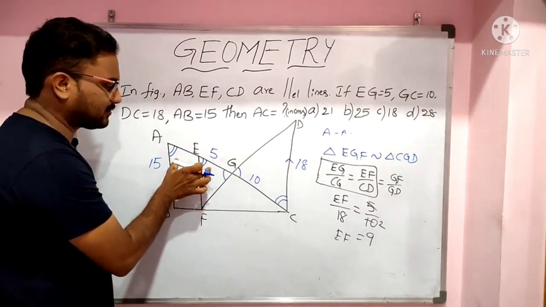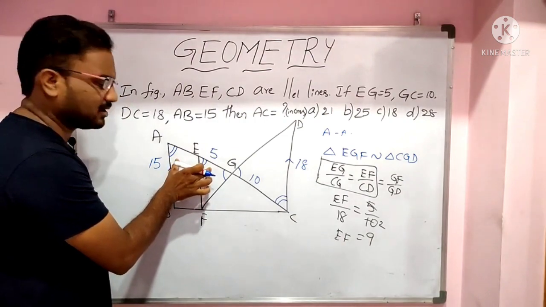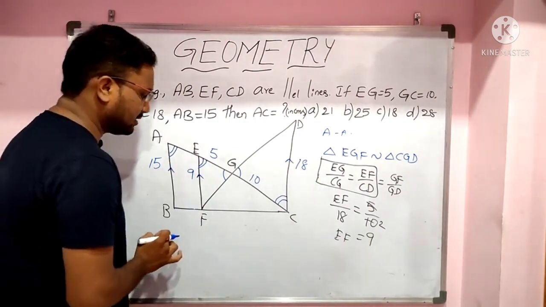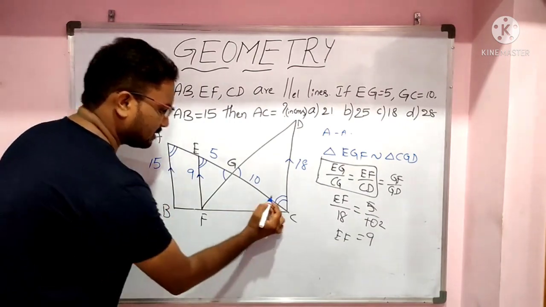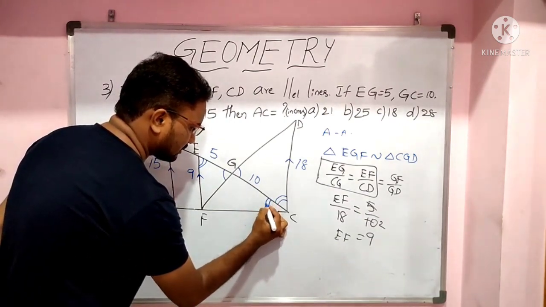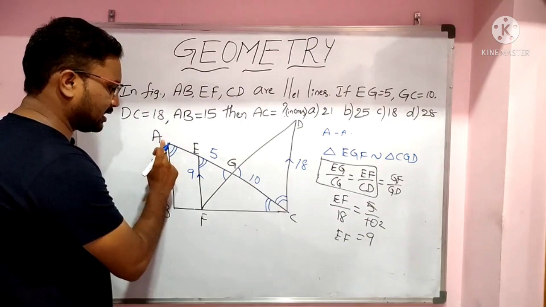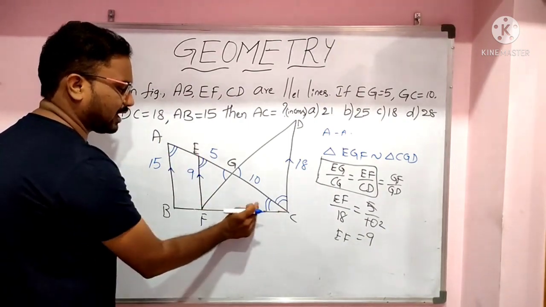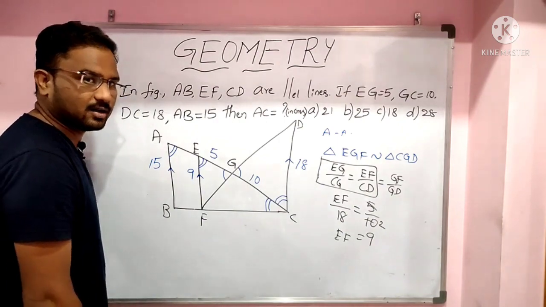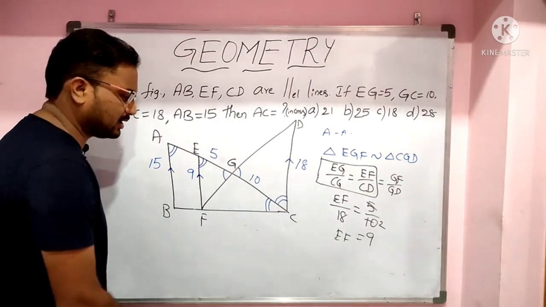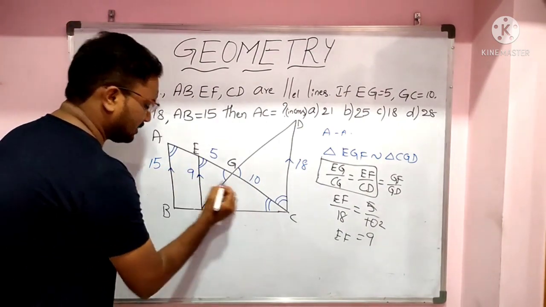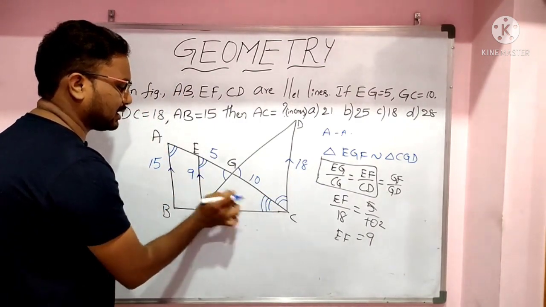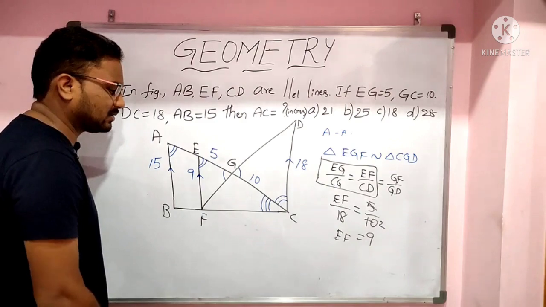If two lines are cut by a transversal, the corresponding angles are always equal. And in triangle ABC, angle C, and in triangle EFC, angle C, both are the same. Angle C equals angle C.